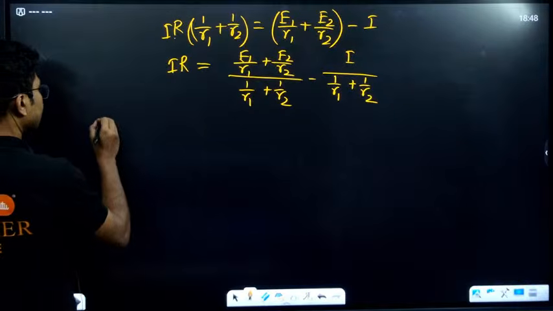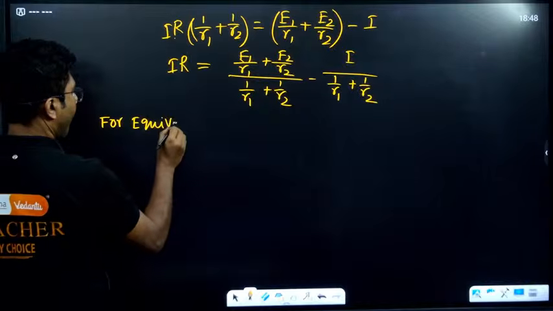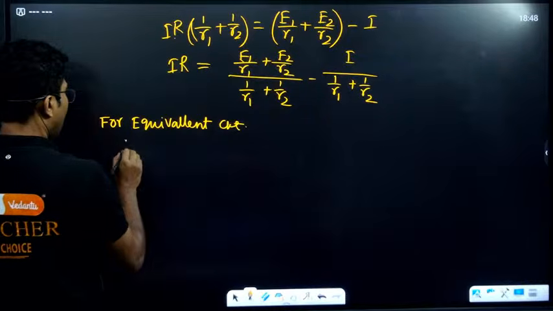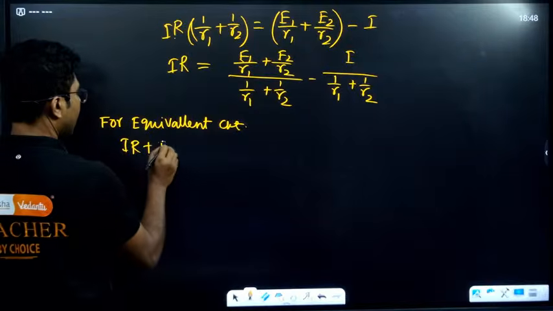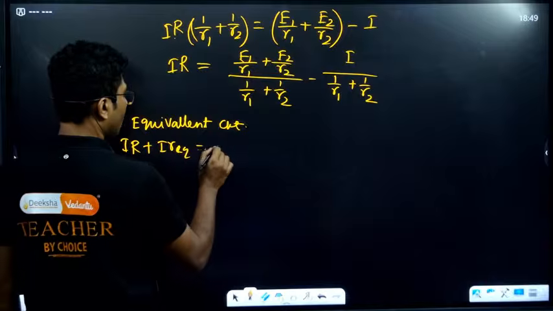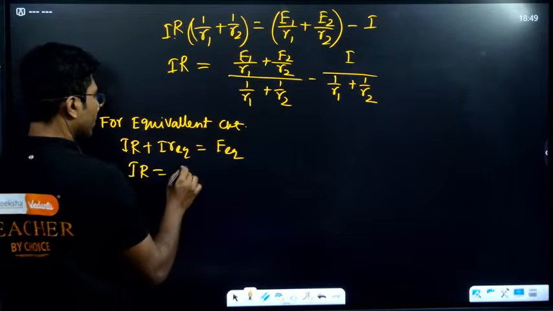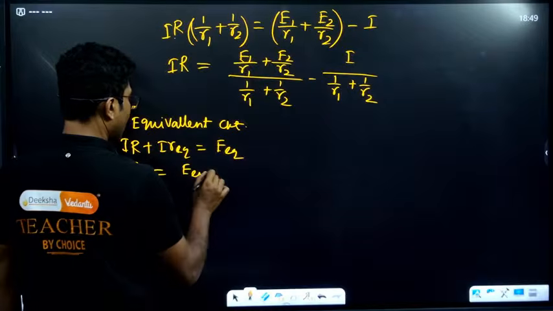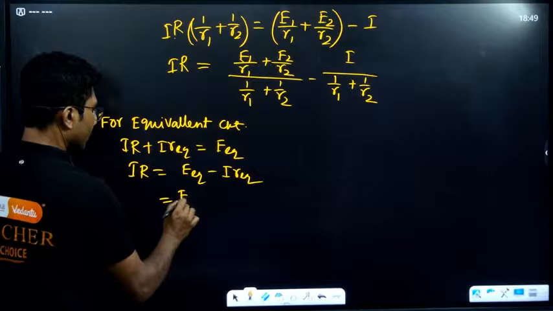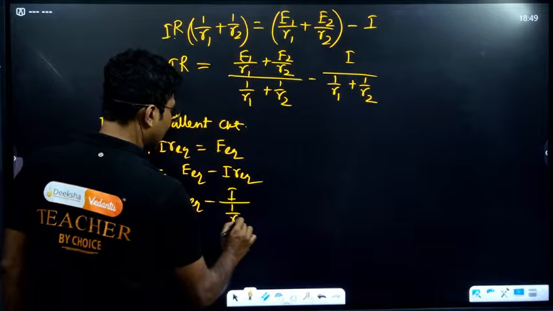Now for the equivalent circuit, we can write IR plus I into R equivalent equals epsilon equivalent, or IR equals epsilon equivalent minus I R equivalent, or epsilon equivalent minus I divided by 1 by R equivalent.